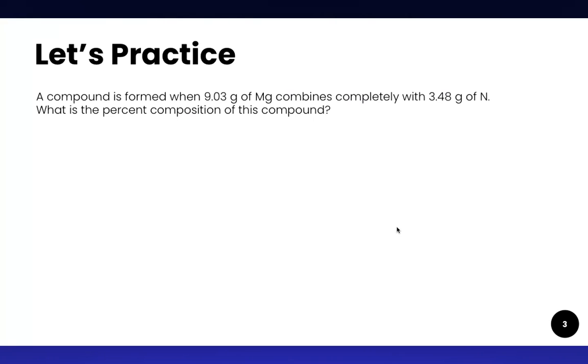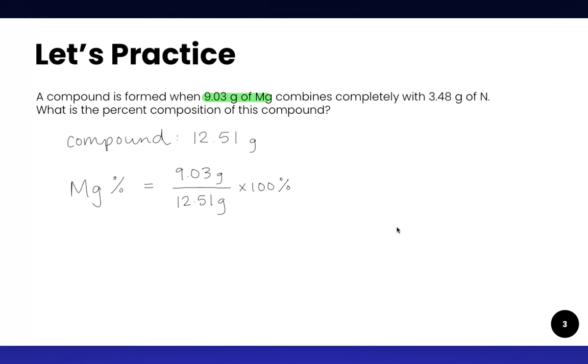The overall mass of the compound is 12.51 grams. So for magnesium, the percentage will be equal to 9.03 grams divided by 12.51 grams multiplied by 100%.